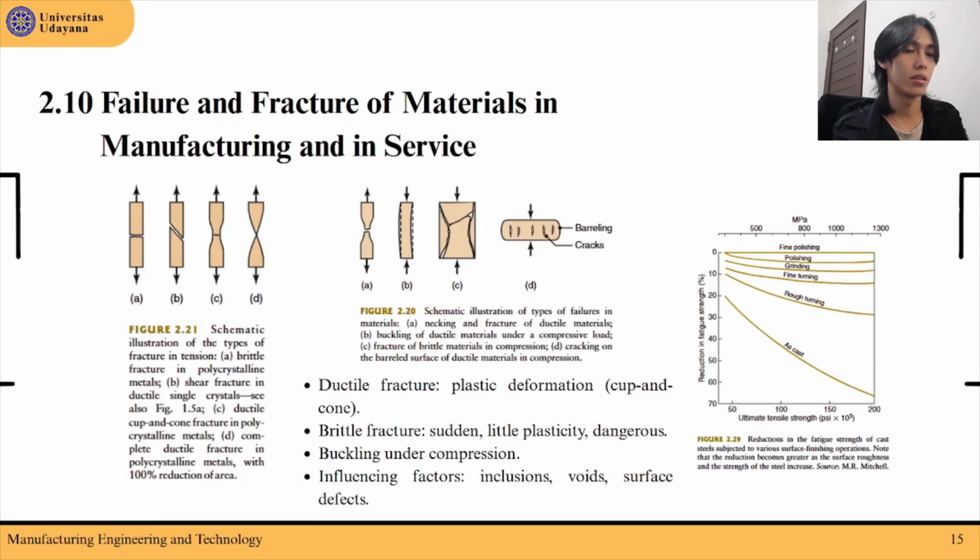Okay, next is failure and fracture of material in manufacturing and service. Failure can occur in different ways. Ductile fracture involves significant plastic deformation, often forming a cup and cone shape.